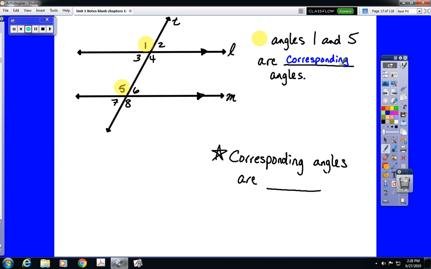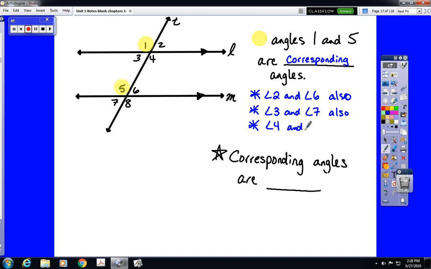So that means there's 3 other sets of corresponding angles in this picture. Angle 2 and angle 6 are also corresponding angles. Angle 3 and angle 7 are also corresponding angles, because they are both on the lower left. And angles 4 and 8 are also corresponding angles.